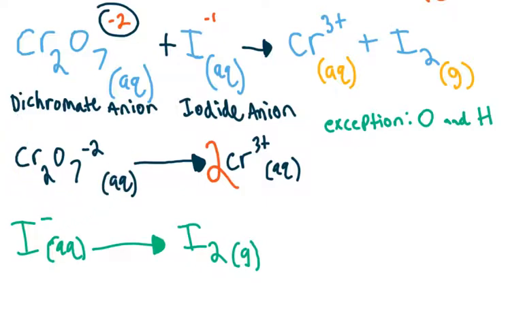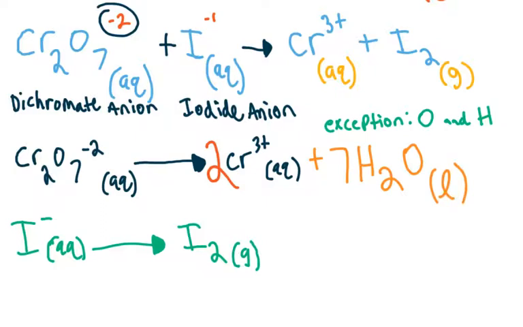There are 7 oxygen atoms on the left side, because of the 7 right here as the subscript for oxygen. How are we going to get 7 atoms of oxygen on the right side? We're going to add 7 water molecules. Now let's see what that's going to do. These are obviously liquid.